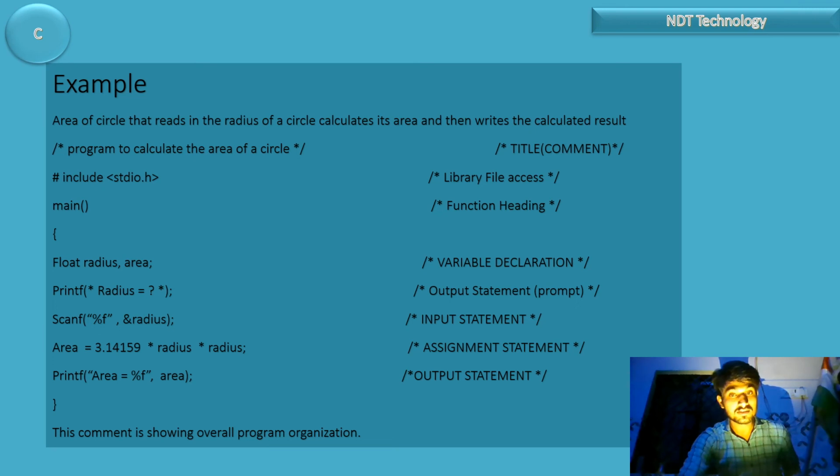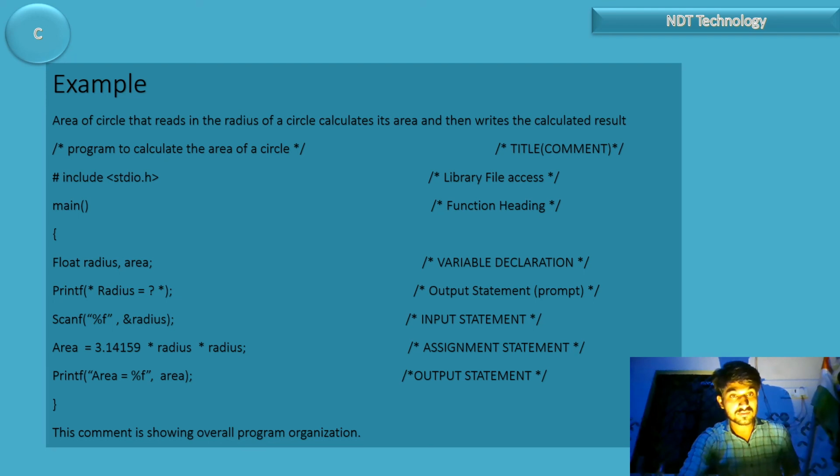After the opening curly brace, to calculate the area we have to declare some variables: float radius, area. Then the output statement, printf radius is equal to. Then the input statement, scanf. Then the assignment statement, area is equal to the formula for calculating the area of a circle.